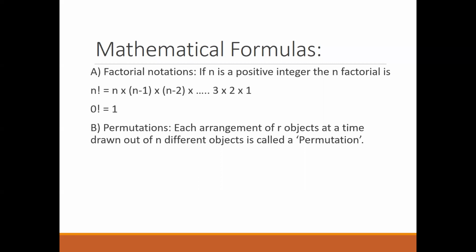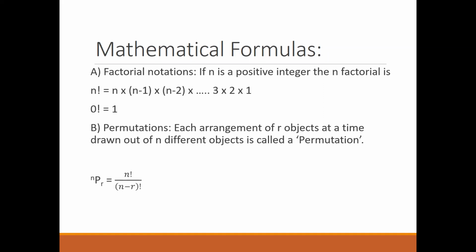The second part is your permutation. The arrangement of r objects at a time drawn out of n different objects is called permutation. The formula for this is given like this: nPr equals n factorial divided by (n minus r) factorial.